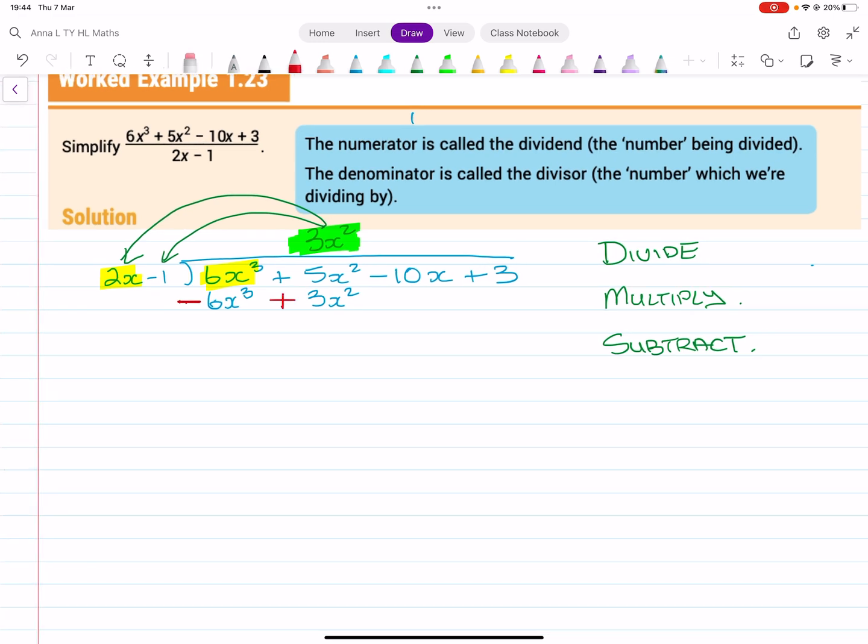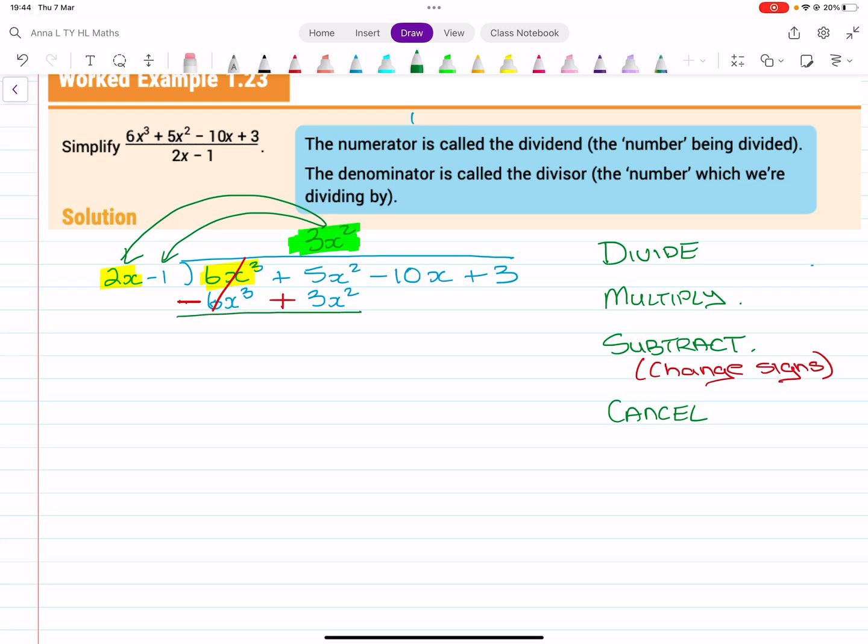Essentially for that subtract line, you change the signs. If it is a minus, it'll become a plus, and if it's a plus, it'll become a minus. And then that will cancel. So when we subtract, we cancel.